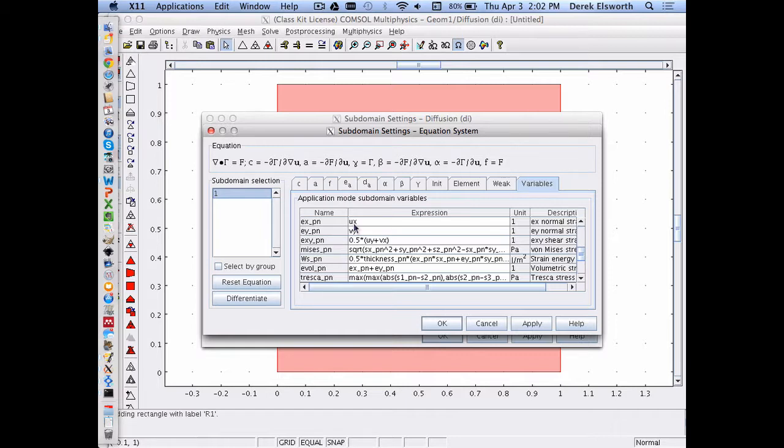what's it going to look like? It's going to look like something like minus alpha times, let's see if I can remember, the derivative with respect to time of ux plus the derivative with respect to time of v1.